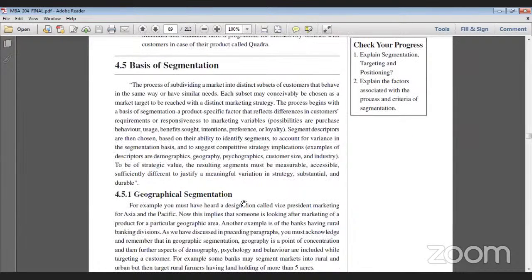Now see, for making a segmentation, we need to understand the benefits of market segmentation. For making a proper market segmentation, there are a few rules that we need to follow, such as identification and measurability.